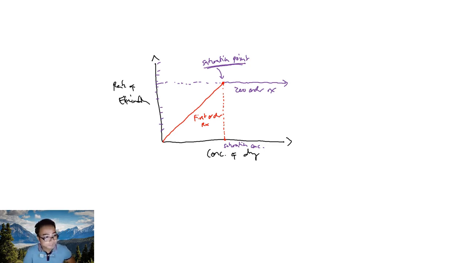Okay. So, di ba kasi sabi natin, ang zero order process is concentration independent. Ibig sabihin, if I increase concentration, reaction rate stays the same. O sabihin natin, elimination rate stays the same.